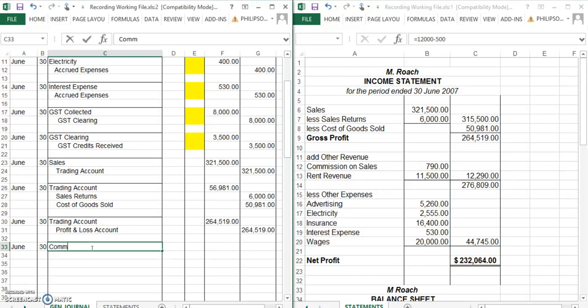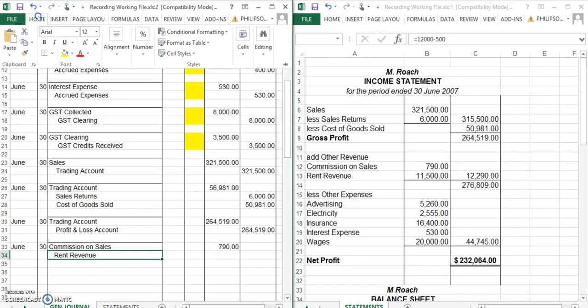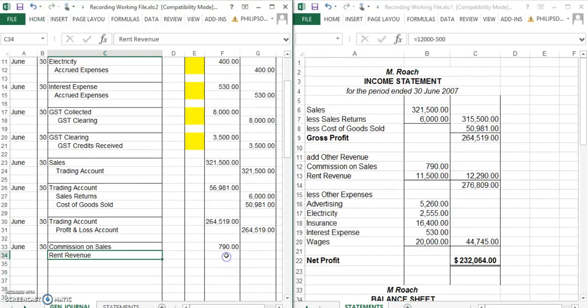So commission on sales, 790, and rent revenue, and credit profit and loss account.